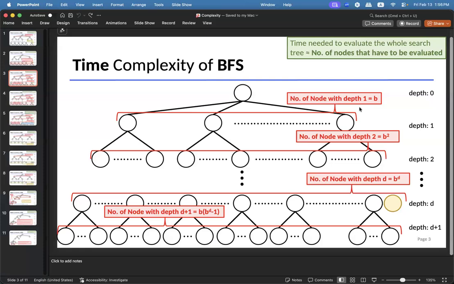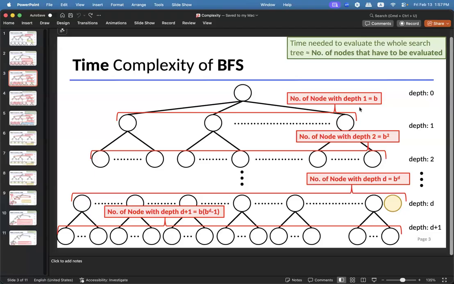So B times B equals B squared for the depth 2 nodes. And we can see a pattern here. So the number of nodes with a depth of D should be B to the power of D. If we follow this pattern, then we know that the number of nodes with a depth of D should be B times D.